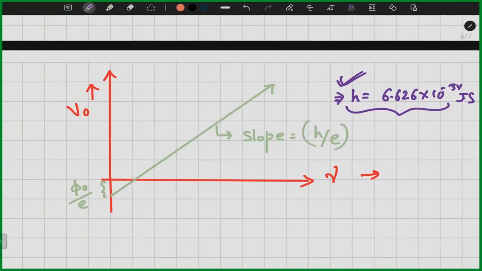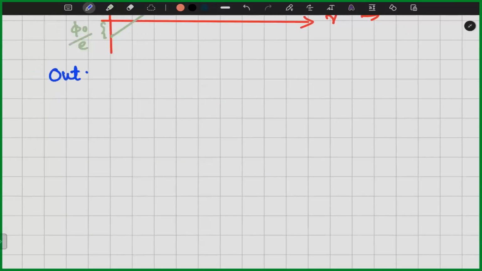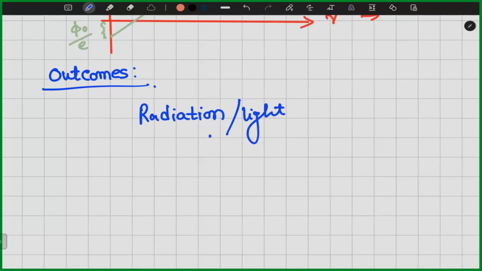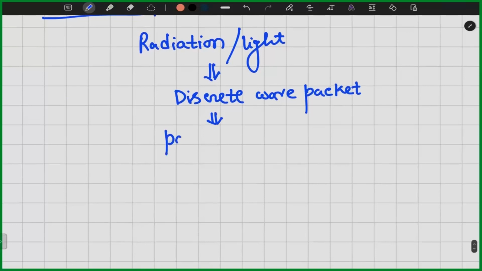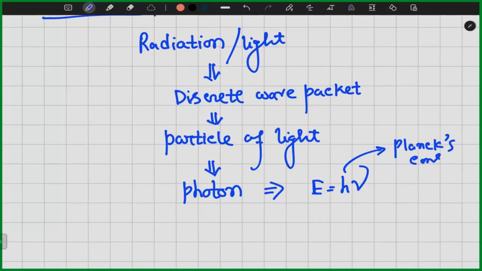Okay. So the outcome of the photoelectric effect is that radiation or light is a flow of discrete wave packets, which essentially are particles of light, which are called photons. A photon has the energy h nu, where h is Planck's constant and nu is the frequency, or we can write hc by lambda.